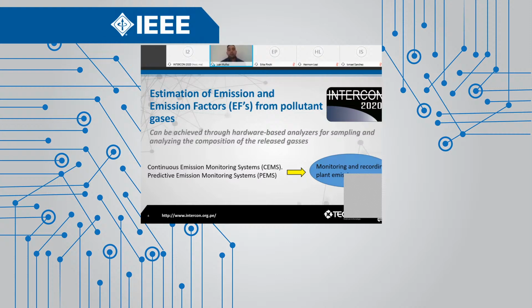This kind of system is called CMS, which is basically hardware-based. And we also have software-based equipment, the PEMS, Predictive Emission Monitoring System, which basically does the same thing. This analysis can be used to monitor and also record and store this emission factor from different equipment, and it's not only applied to generators. So this is one way to do the emission factor quantification.